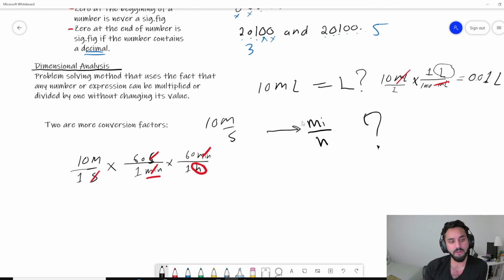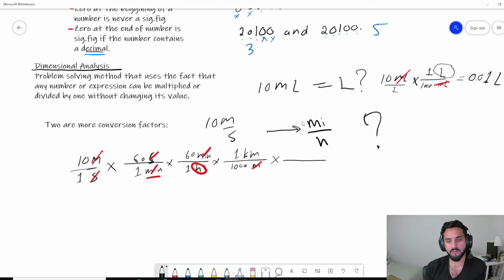conversion. All we need to convert now is meters into miles. I know that in 1,000 meters, there's 1 kilometer. And you can see that my meters cancel out here.